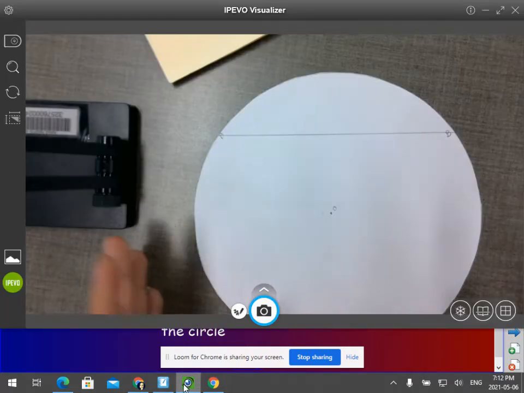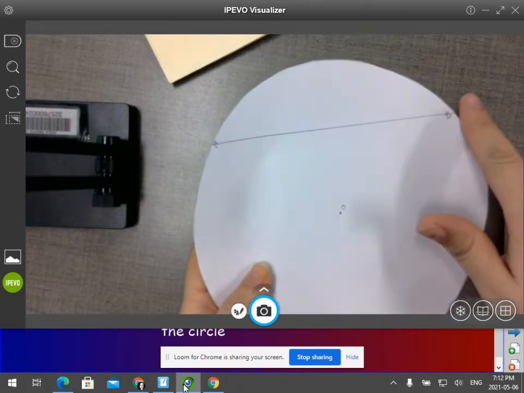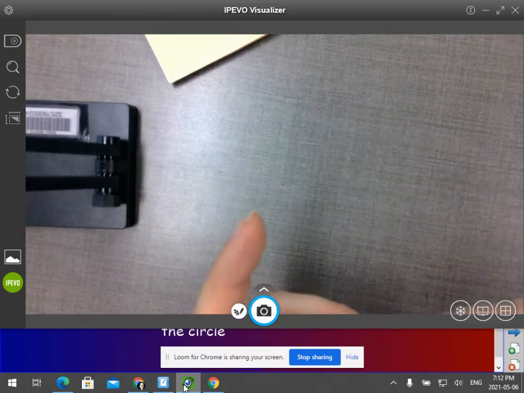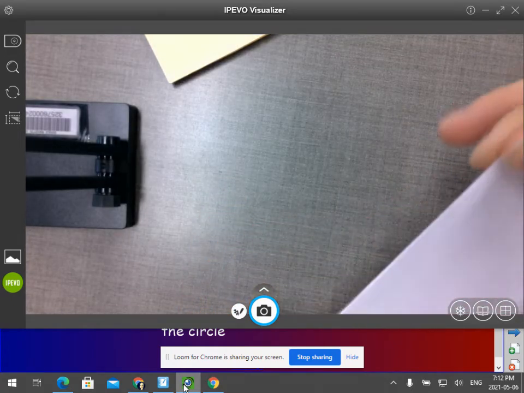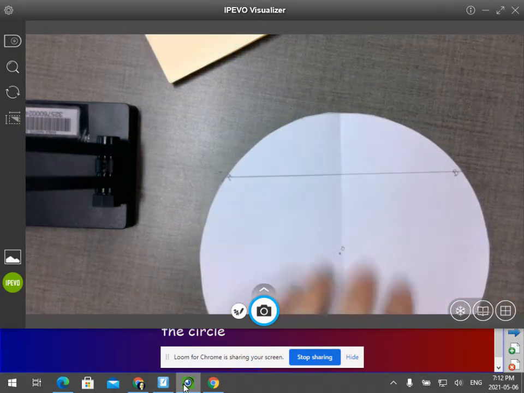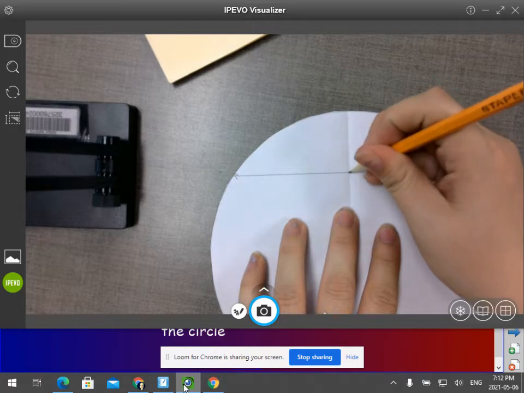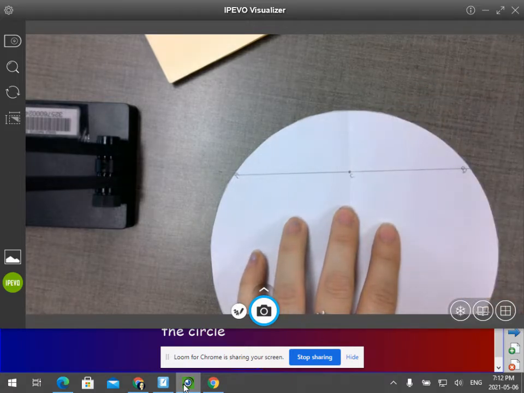What that means is I would physically take the circle and fold it so that the letter A lands on top of the letter B, and fold my paper. Once it's folded, I would take a pencil and put a point and label that as letter C.